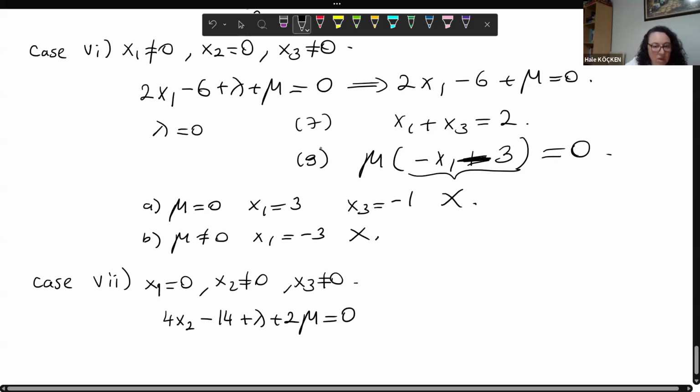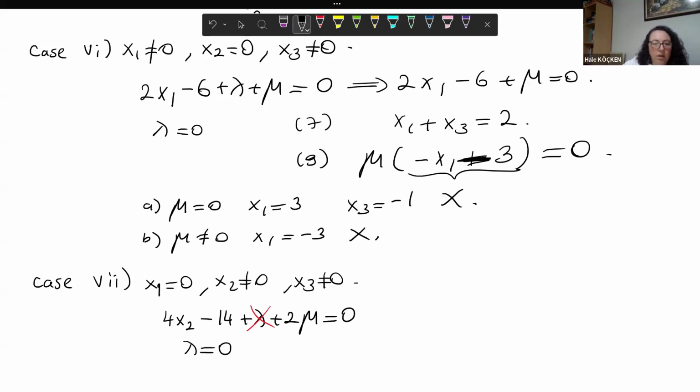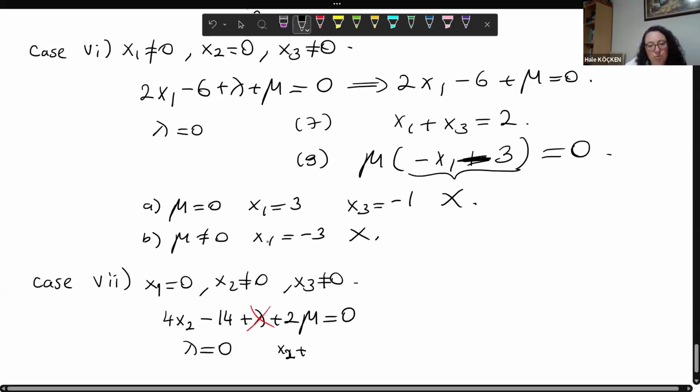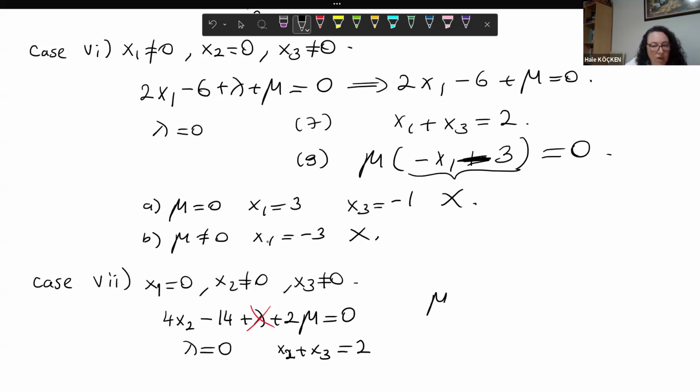For x3, lambda has to be 0, so this lambda drops there, okay? And by the way, from 7, x2 plus x3 will be 2. From 9, let me write mu times x1 0, 2x2 minus 3 is 0.